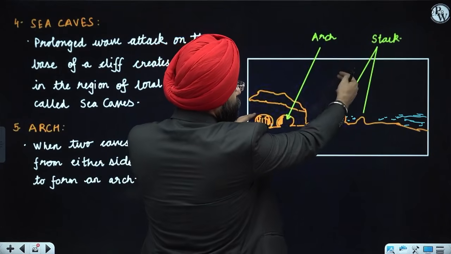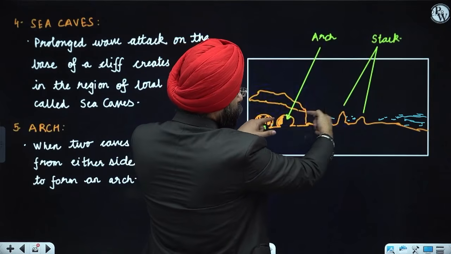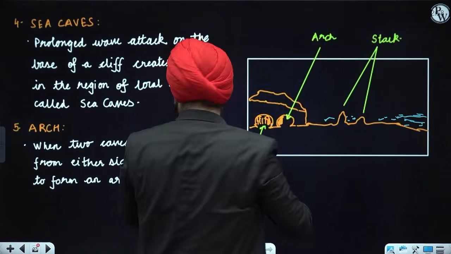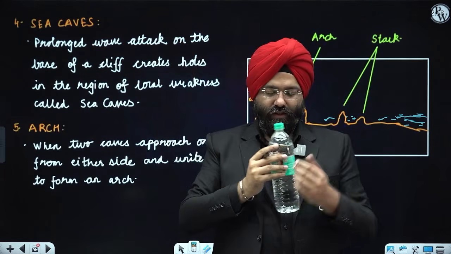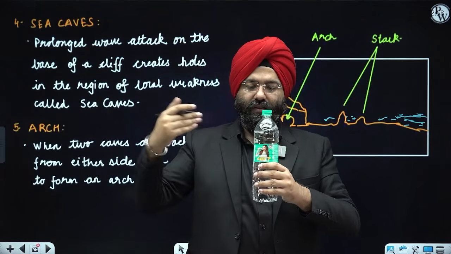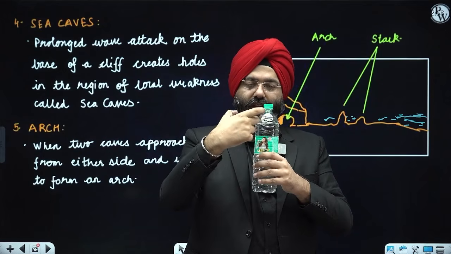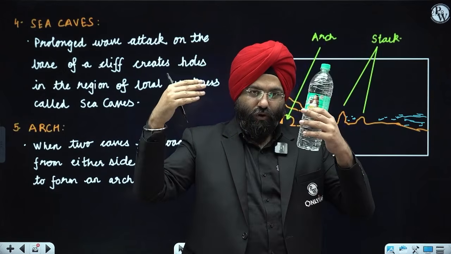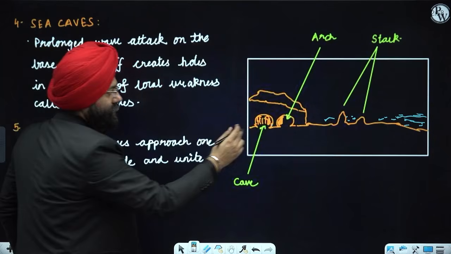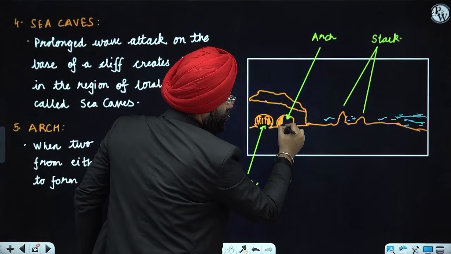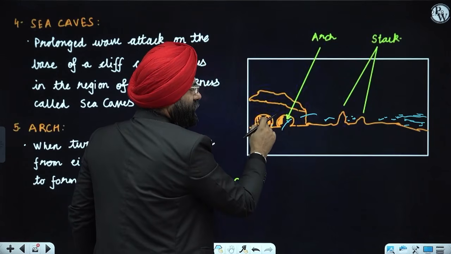Such a hole is created from the other side also by the waves. From this side wave is crashing, from this side also wave is crashing. After some time both will merge with each other, and now water can come and go from this side. So the first process is creation of the cave.